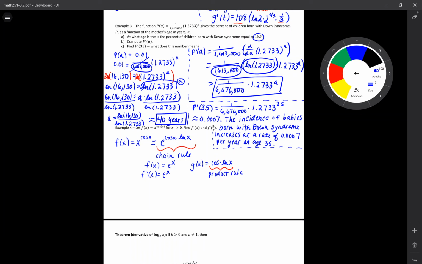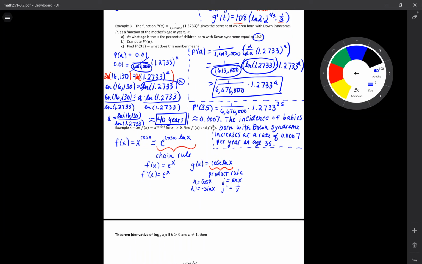Here I'll set h equal to cosine x and j equal to natural log of x in order to use the product rule. That gives me h prime equals negative sine x and j prime equals 1 over x.